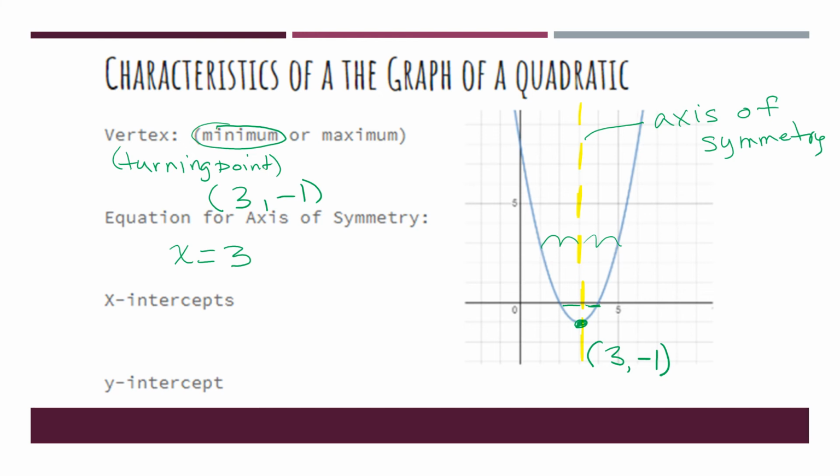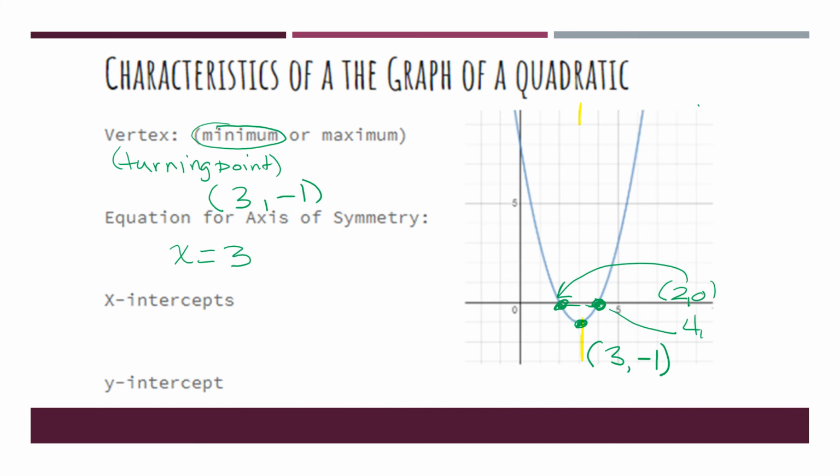Recall from linear equations that your x-intercepts are where the graph crosses the x-axis. So it's going to cross right here and right here. So this is the point 2, 0 over here, and this is the point 4, 0.